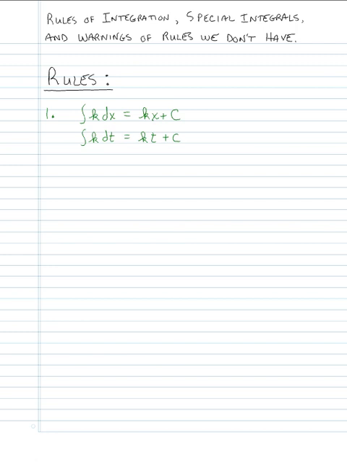Okay, our second rule, as you recall, is what we call the power rule. And the power rule says that if we have the integral of x to a power with respect to x, then what we do is we add 1 to the power, so now it's n plus 1 as a power, and in front of that we put the reciprocal of that new power as a factor.